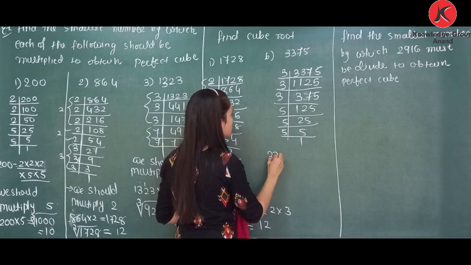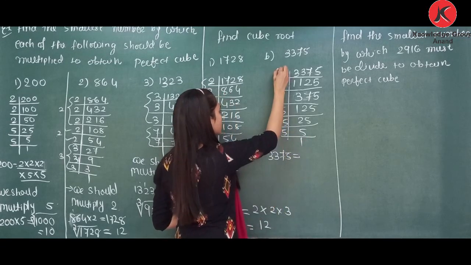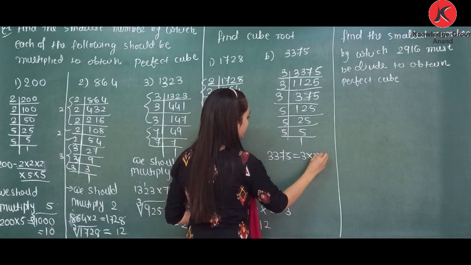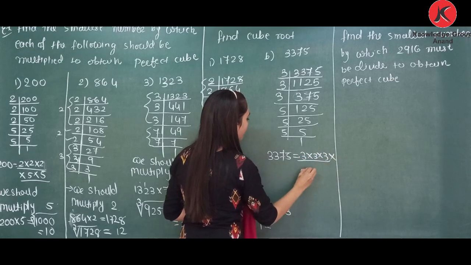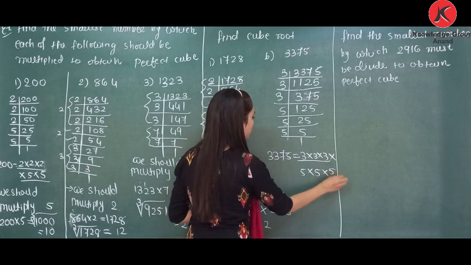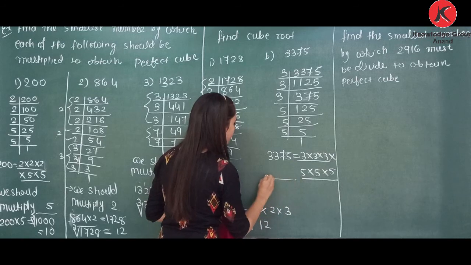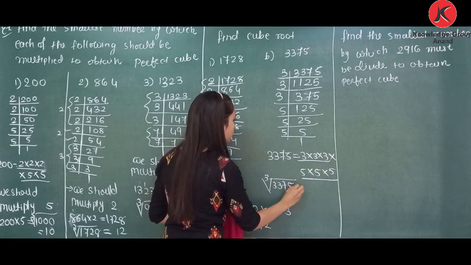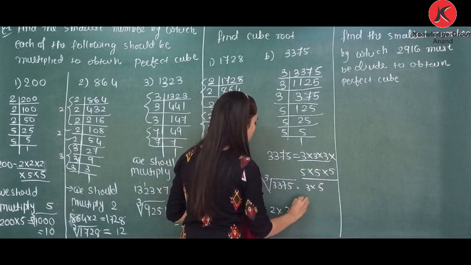So 3375 is 3 multiply 3 multiply 3, 5 multiply 5 multiply 5. So the cube root of 3375 is 3 multiply 5, that is 15.